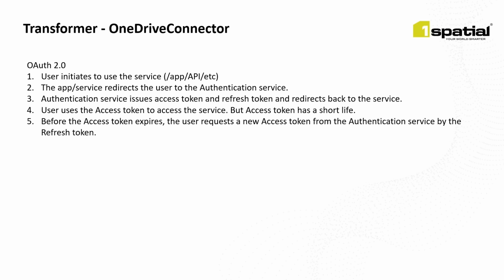If the authentication is successful, the user gets an access token that they can use to utilize the service, and a refresh token. The access token is relatively short-lived. It lasts for half an hour or 2 hours or something like that.